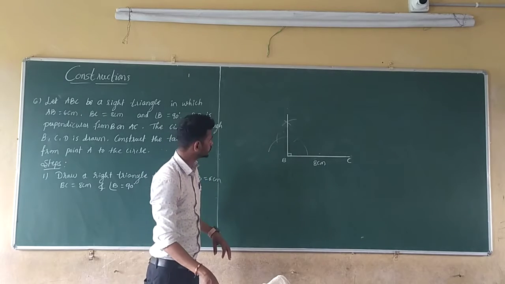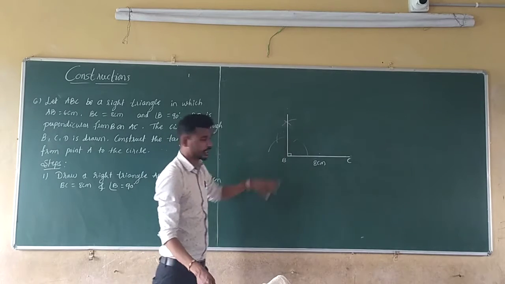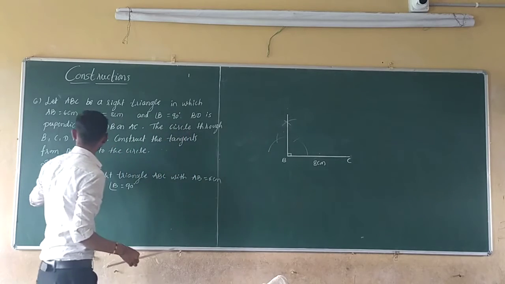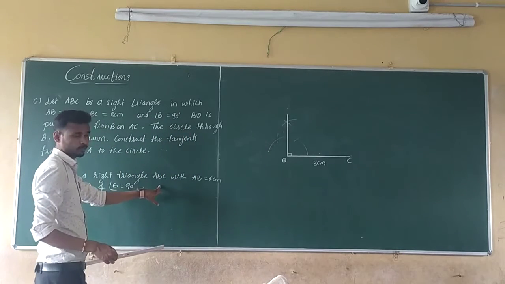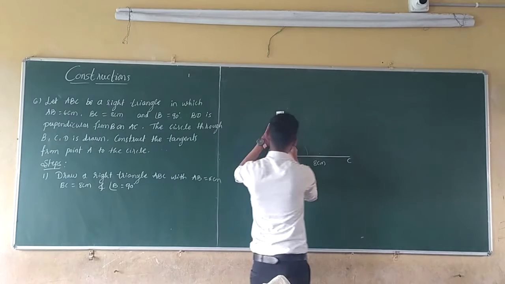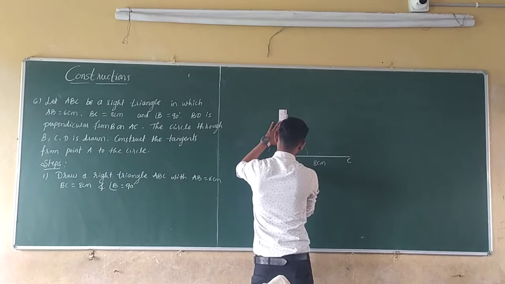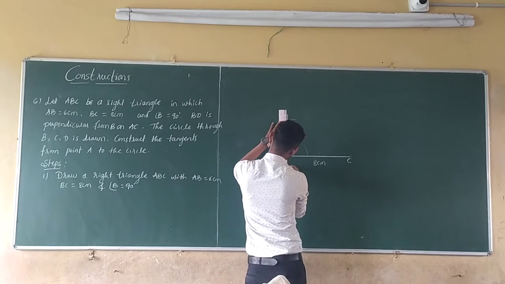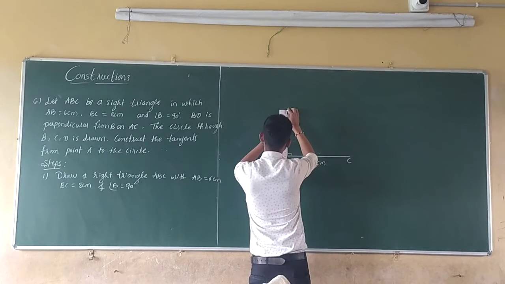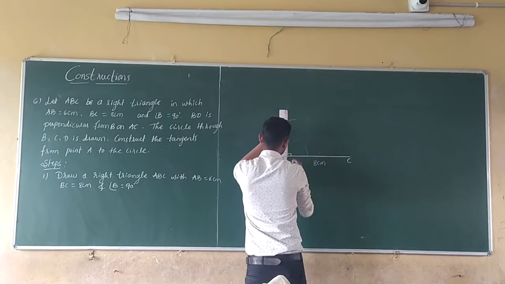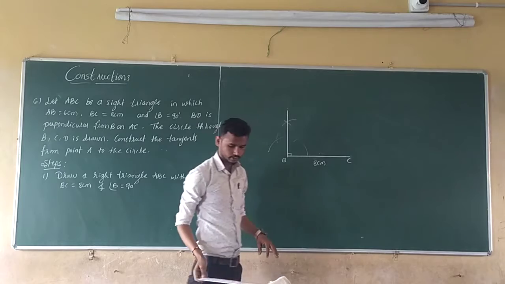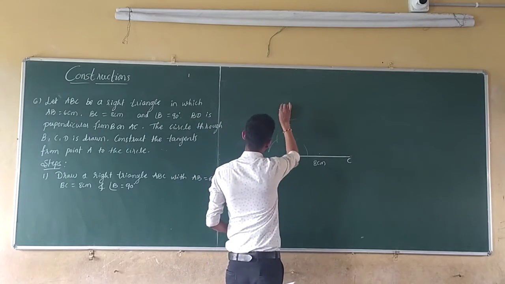So next, this AB length should be how much? That is 6 centimeters. So draw this of length 6 centimeters, and join AC.